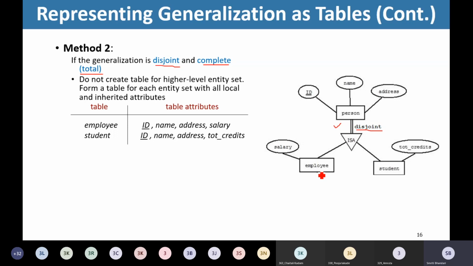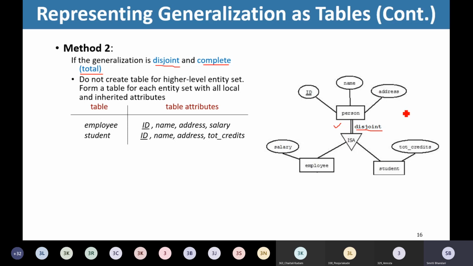So this person must be in either the employee entity set or the student entity set, which are the lower level entity sets. If this is the case, then we say that it is total generalization.